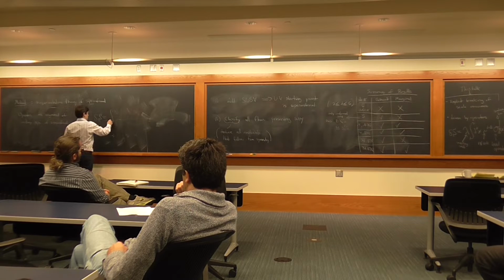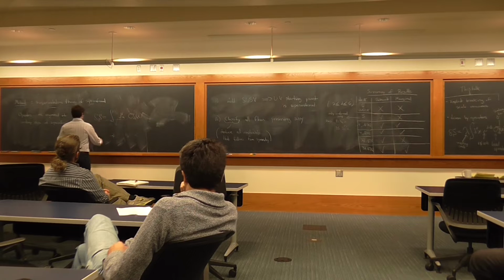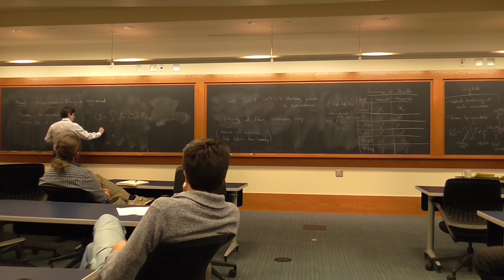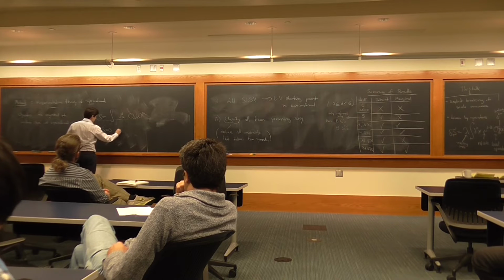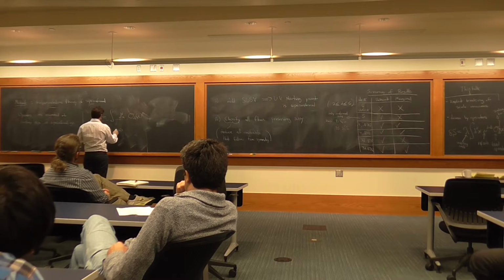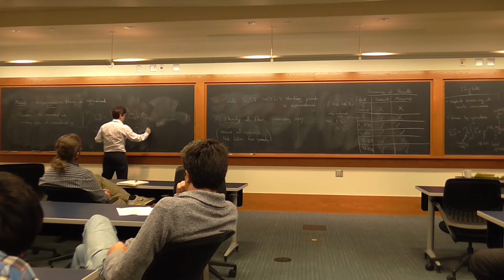We have delta S, which I wrote schematically like this. Supersymmetry means Q on this delta S is 0, which is true if and only if Q on O is a total derivative.